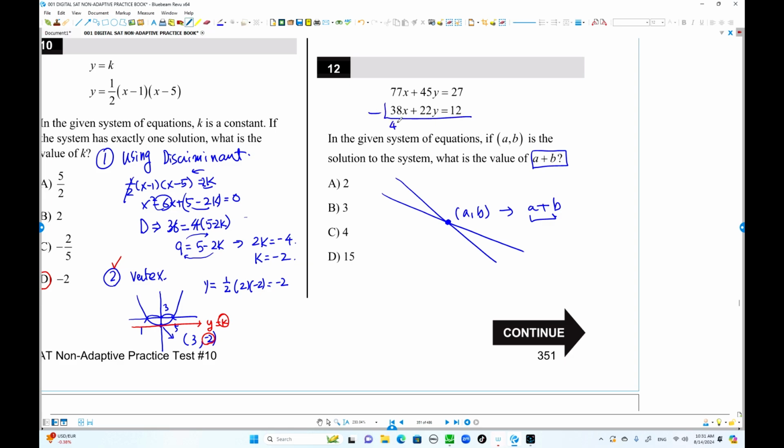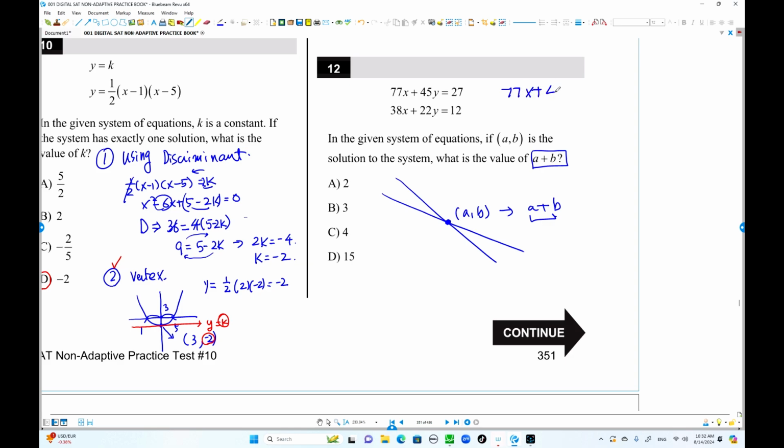Subtract: 44x minus 45, 23y. That is not equal. Okay, now we got a problem, right? So maybe you can solve this using elimination or substitution, but it takes too much time. Because this one needs a little skill. I'm going to do it this way.